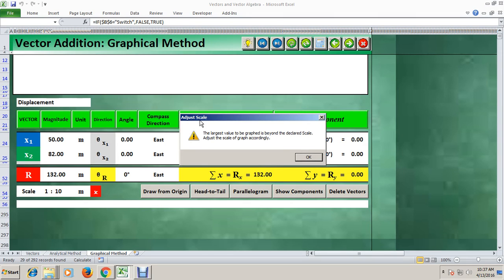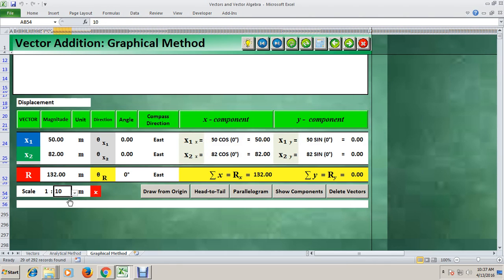Now, take note, just like what we have presented here as an error, we should adjust the scale accordingly. So, for example, if we make use of 25, you can see that we have a check here.